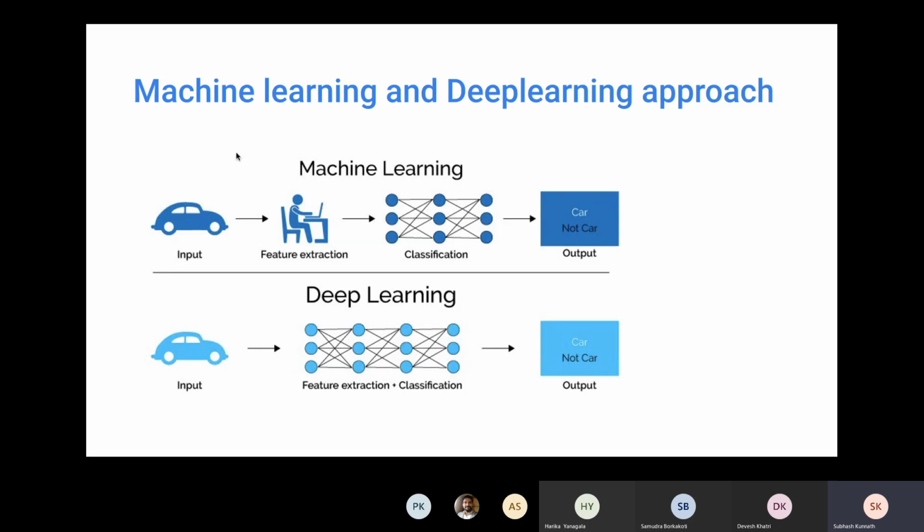Say you have an image and you want to detect whether there is a car or not. Previously in machine learning systems, some expert had to define what features to extract: whether I look for a color, the shape, or the texture.